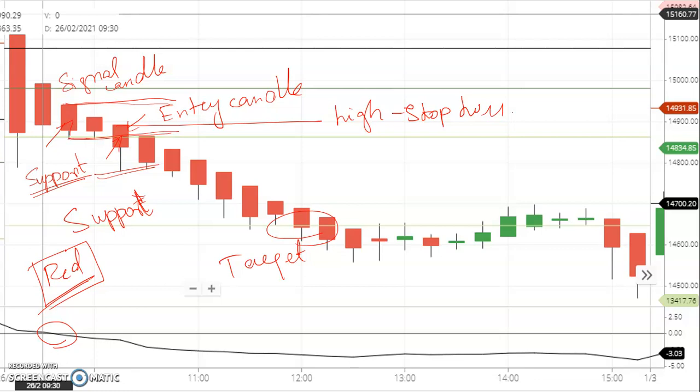The signal candle and entry candle color should be red for sell and green for buy, and resistance and support should be far away from the entry candles, so that we can have a higher risk reward ratio, which is good for proper trading. Those two things should be considered in addition to the strategy: one is the color of the candle, and the other is the place of the support and resistance level.